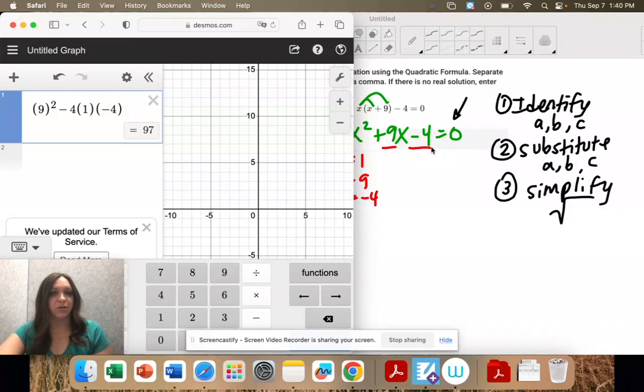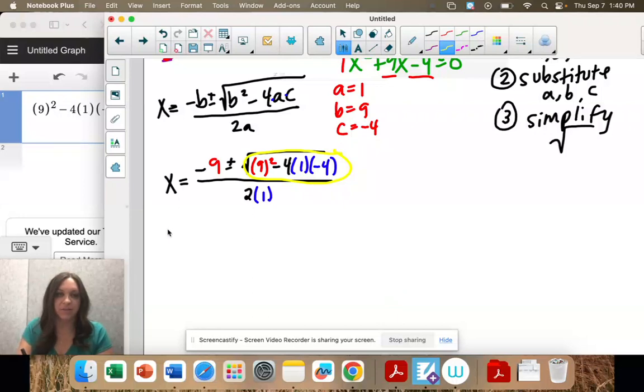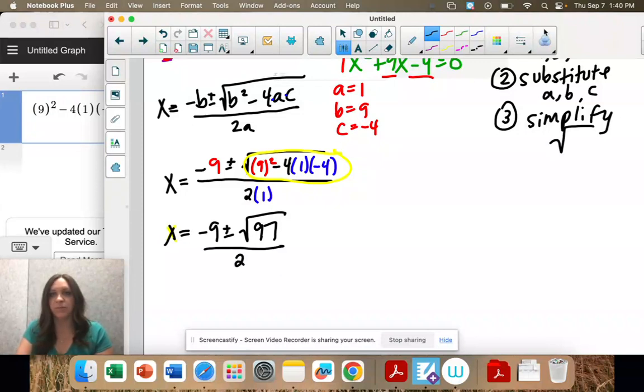And I'm checking to make sure I put the right numbers in. Okay, 97. So underneath the square root is now 97. So I have x, let me write in a color that we can see. X equals negative 9. I'm just bringing it down. Square root of 97 over 2 times 1, which is 2.